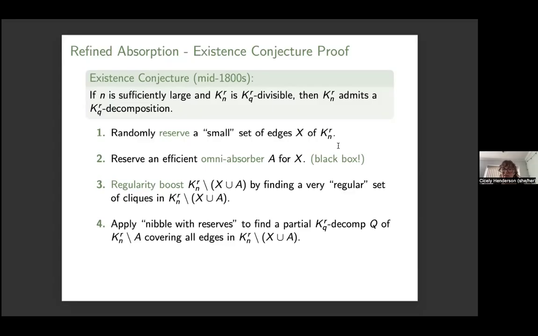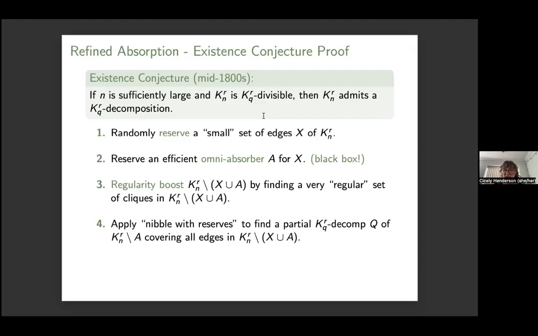And nibble runs best when you input very regular sets of cliques. So that's why we needed step 3. But then our last step, apply nibble with reserves to find a partial KQR decomposition Q of K_n^R minus the omni-absorber. We don't want to touch that. Covering all edges of the clique that aren't in X or A.